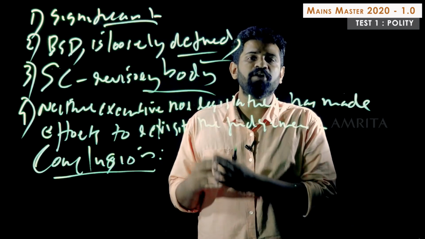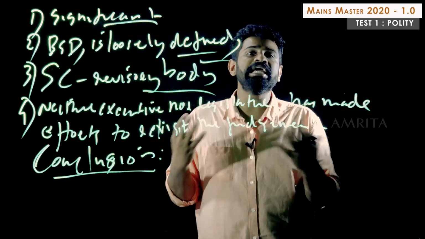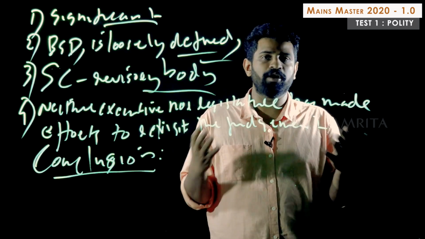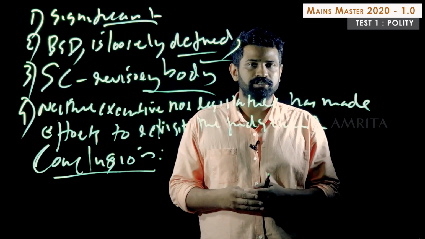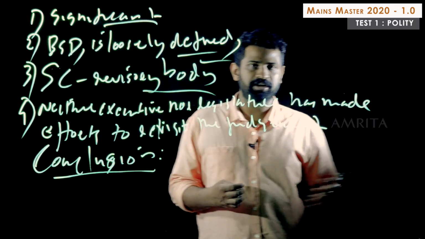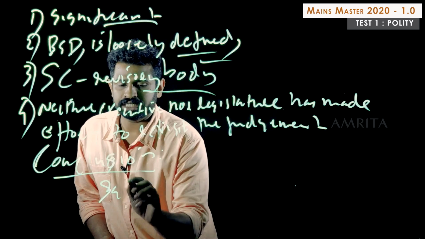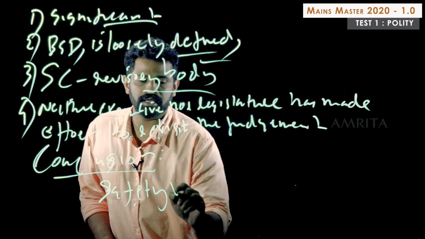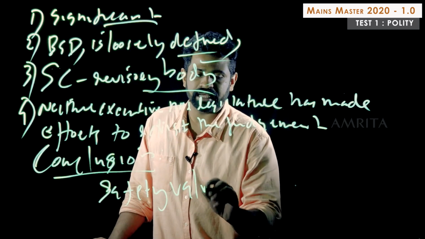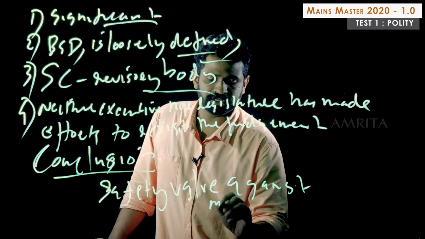So the genesis of basic structure doctrine does not show any intention to forestall the progress of the Indian Constitution, but it was only to save the Indian democracy from majoritarianism. Or in other words, you can say that basic structure doctrine has and still acts as a safety valve against majoritarianism.